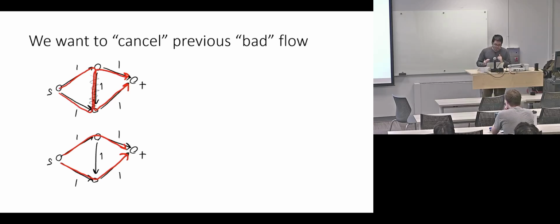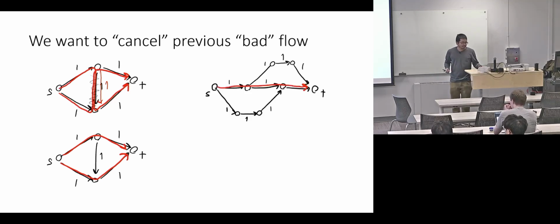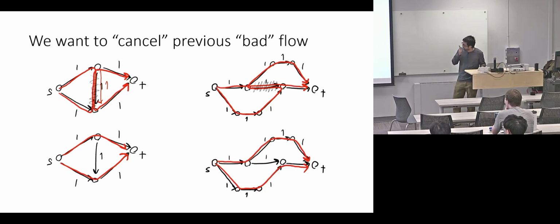Why does this make sense? Once you send flow in 1 unit here, it means that it allows itself to be cancelled by 1 unit in the opposite direction. In this example, we can try to do the same and cancel, and you get a good flow.